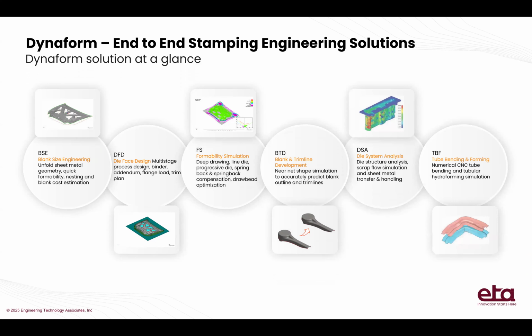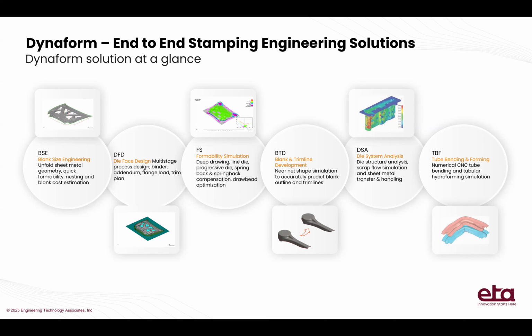Well, these are the main modules in Dynaform. There are blank sets, engineering, die face design. Actually, with the die face design module, the die designer does not need to use the CAD software anymore. It can complete the die design with a quick evaluation in a very, very short time. And also we have the formability simulation module, which is the star module, the most famous module in Dynaform.